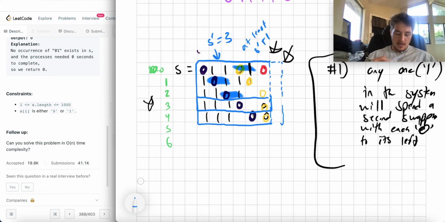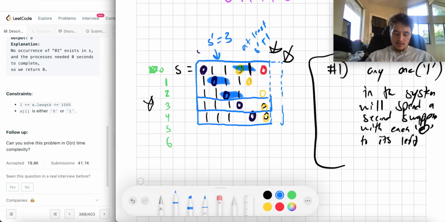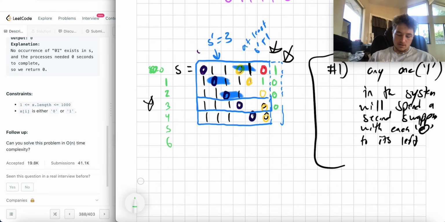Well, if that's the case, then how does that work in with the fact that it does take 1 second more, right? When this thing comes through, it takes an additional second for this system to become fully sorted?